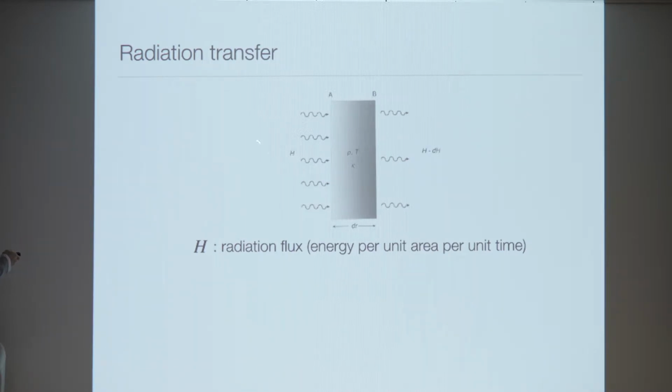If there's a radiation from inside, there's a radiation flux from this side, and then if there's some material here which has the density of rho, and then if the radiation passes through this place, some radiation will be absorbed, maybe sometimes emitted, but let's say this radiation will be taken by this material.